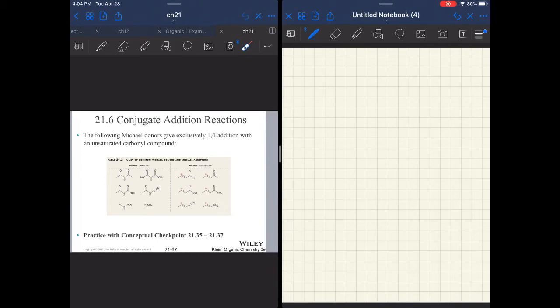So our donors are Gilman, and then all of the other donors have something in common. For the most part, we're dealing with a stabilized enolate. Now, what's coming off either side doesn't matter as much.